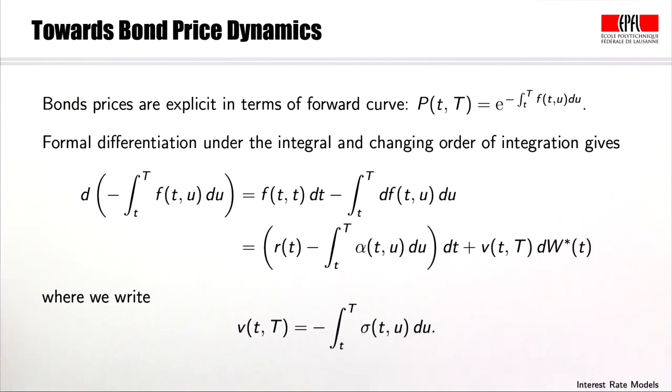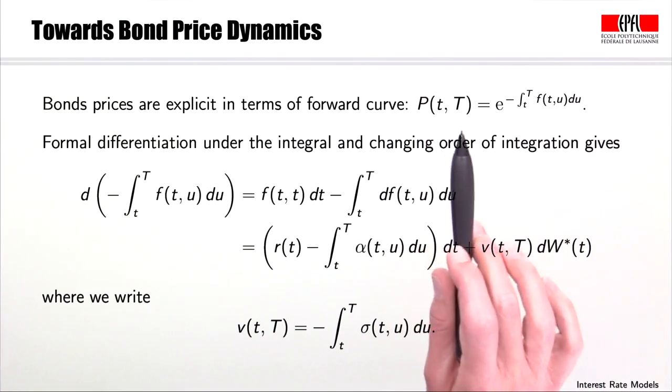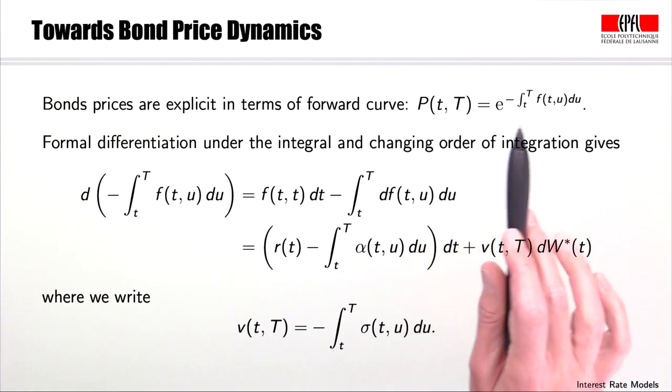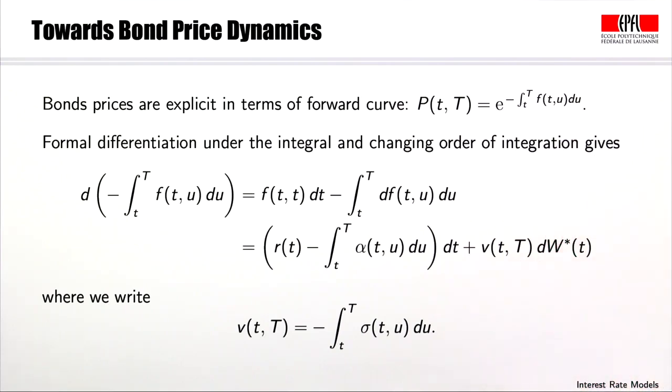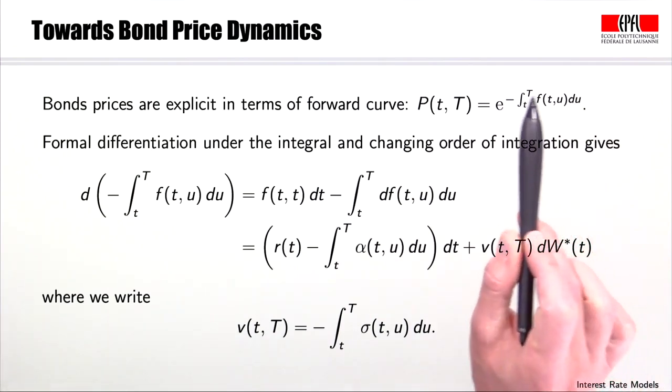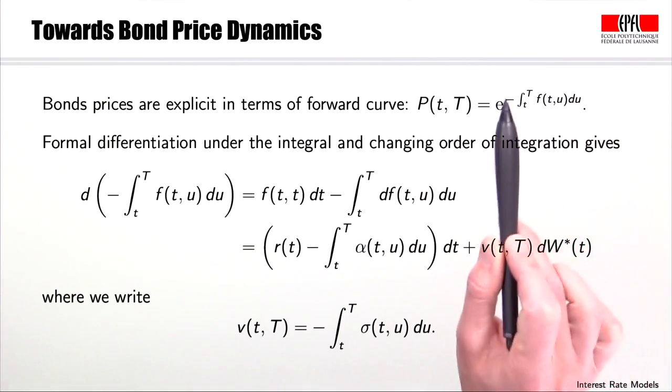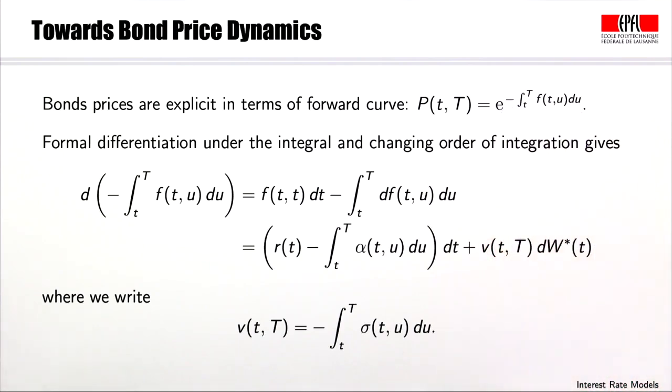Hence, in contrast to short rate models, here we can directly infer the dynamics of the bond prices in terms of the dynamics of the forward rates by using Ito's formula. Let's do this in several steps. We first start with the process that is in the exponent of the right-hand side.